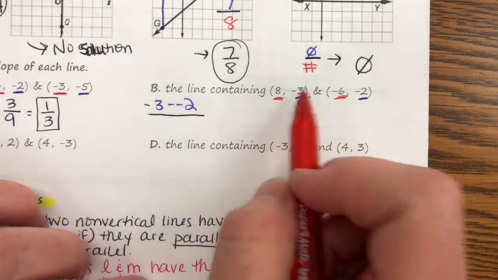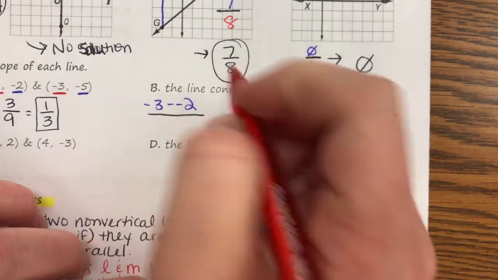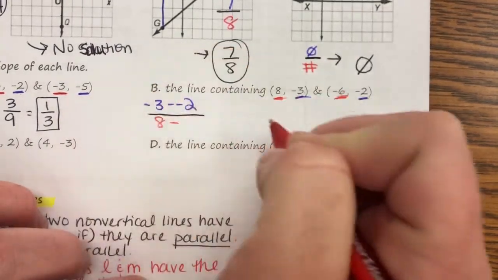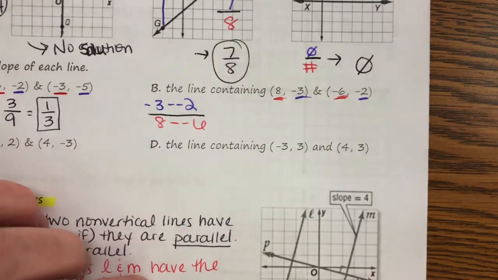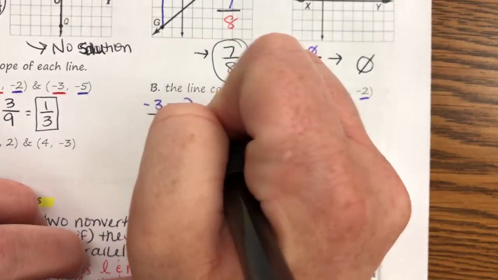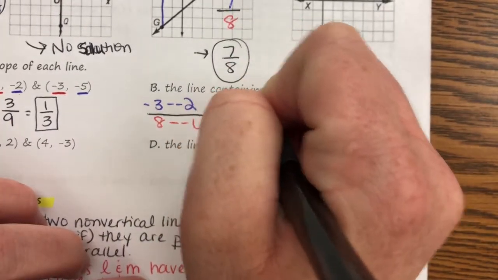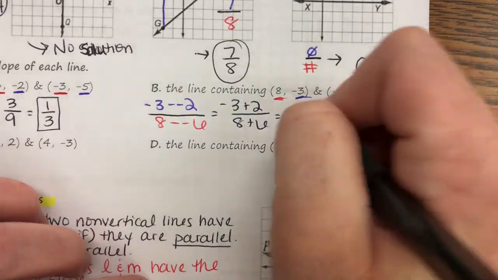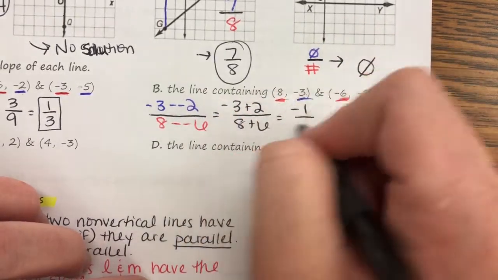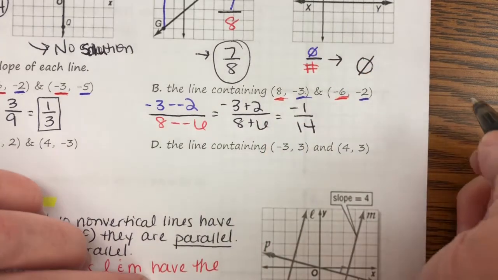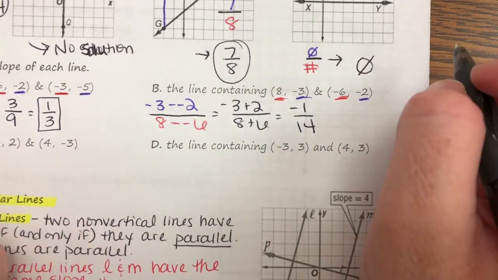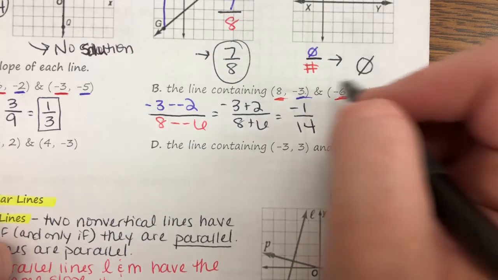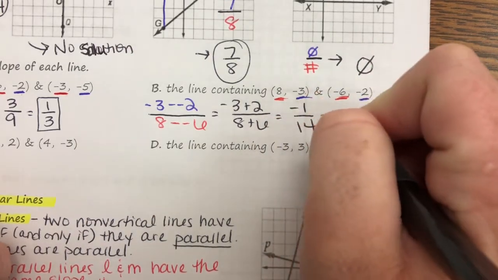I've got to keep them in the same order. I started with -3 on top, so I've got to start with its partner 8 on the bottom. And then I can simplify. -3 plus 2, 8 plus 6. That's -1 over 14. And I can't simplify -1 over 14, so I'm done. The slope here is -1 over 14.